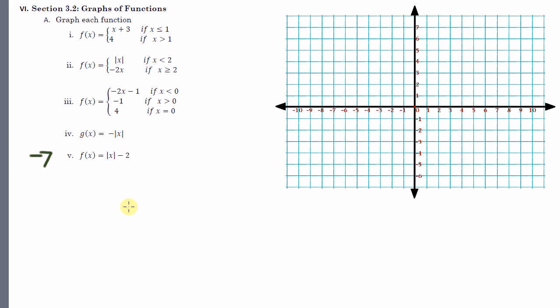Okay, so now we're going to graph this guy. This guy has a y-intercept at -2. So we have the absolute value of x, and this says we're going to shift it down 2 units. So if this is the absolute value of x, go down 2 units and draw the same thing.